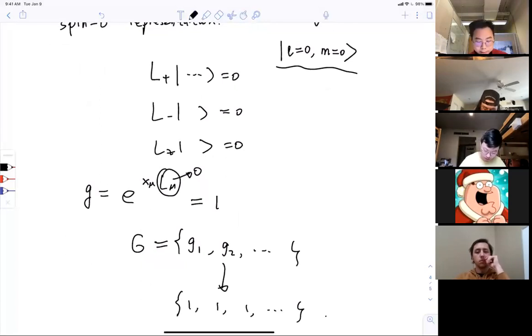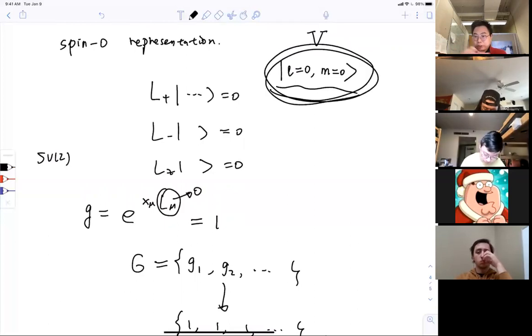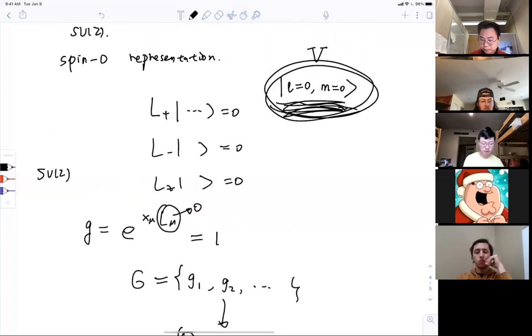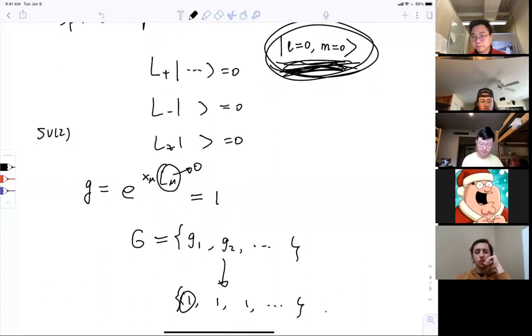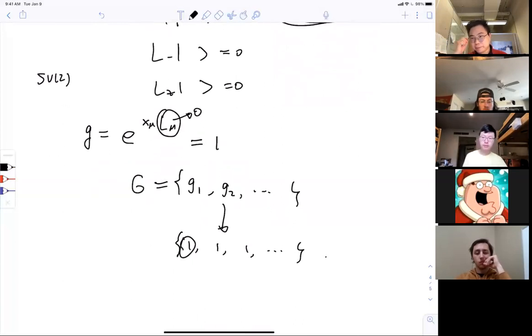This just tells us this SU2 group acts on this space trivially. It will leave the vector living in this vector space unchanged, right? Because identity acting on any vector is itself. You get what I'm saying?